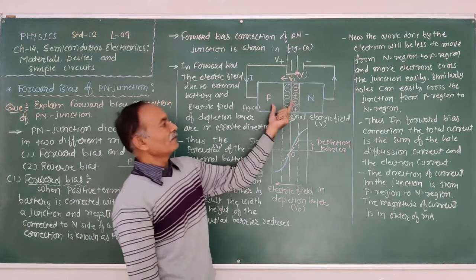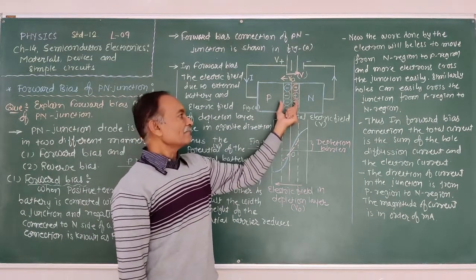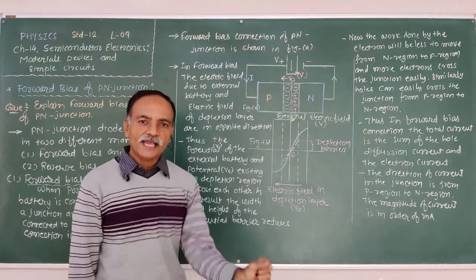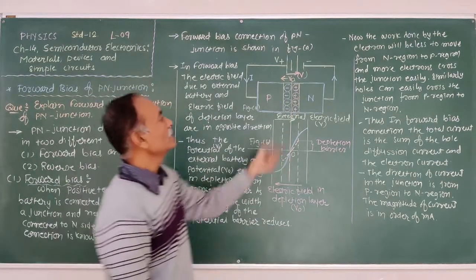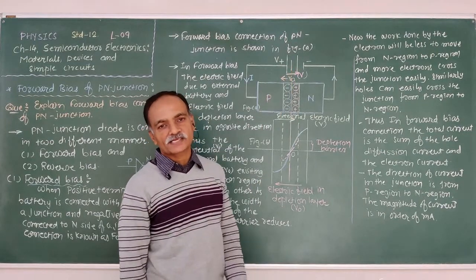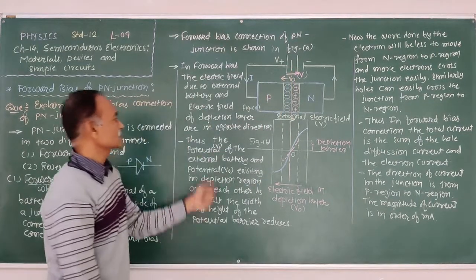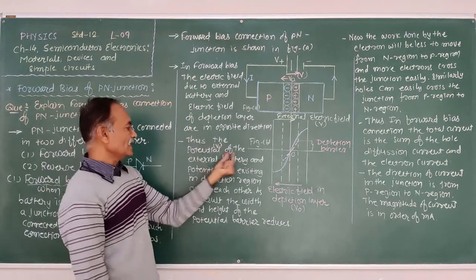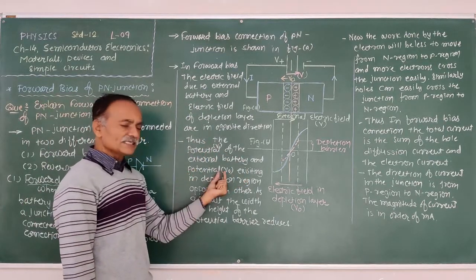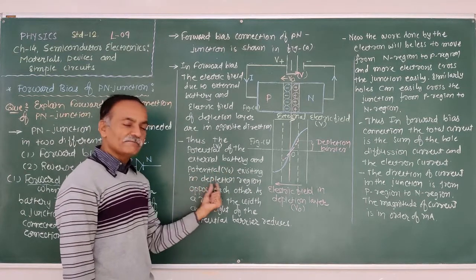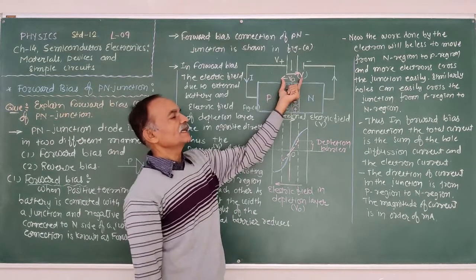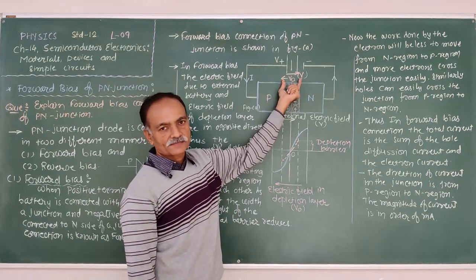That means in forward bias, the electric field existing in the depletion layer and the electric field due to the applied external battery are in opposite directions. Thus, the potential of the external battery V and the potential V0 existing in the depletion region oppose each other.